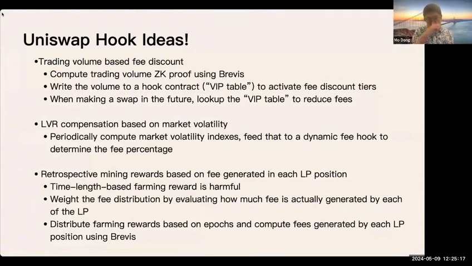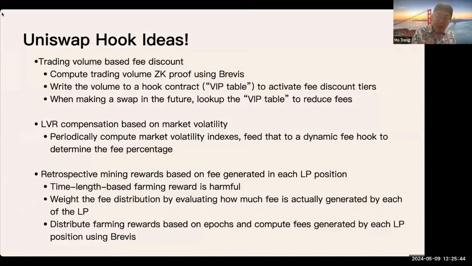Because Brevis can now allow you to access historical price feed, essentially like the TWAP record is now available to access. So you can build this type of hook that periodically receives the volatility proof generated by a Brevis application.